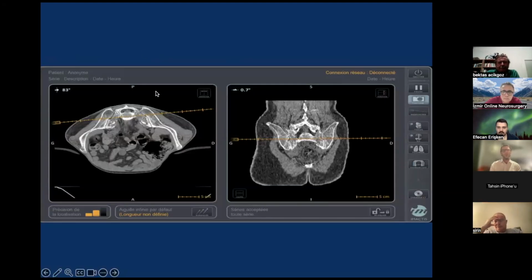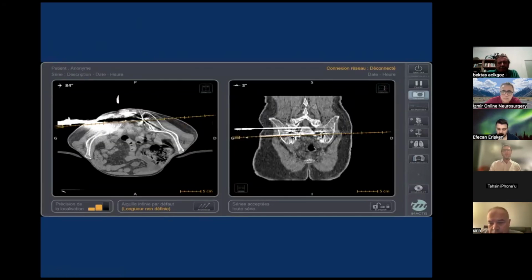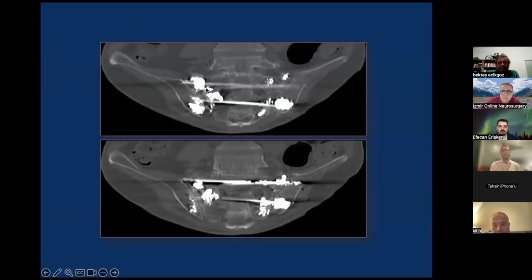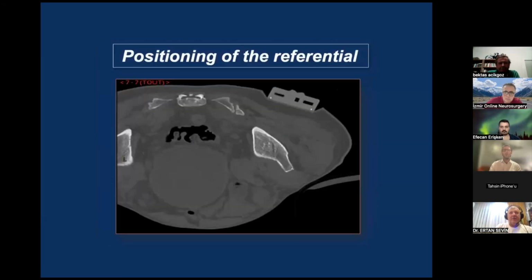So you can see this is the second trajectory in the S2 body, and the positioning of both spindles, and here's the result at the end of the procedure. So you have one transsacroiliac spindle which will consolidate the S1 body, and another one in the S2 body, and we inject some cement to have a very solid setup and to avoid delayed fracture and to obtain pain relief.